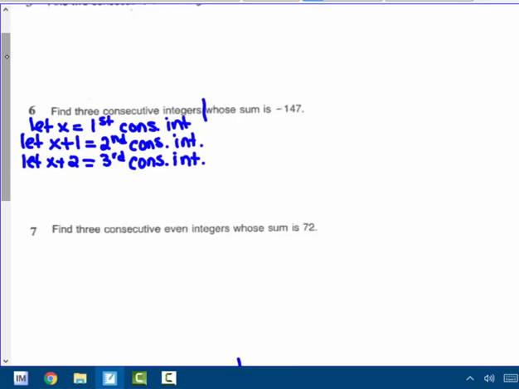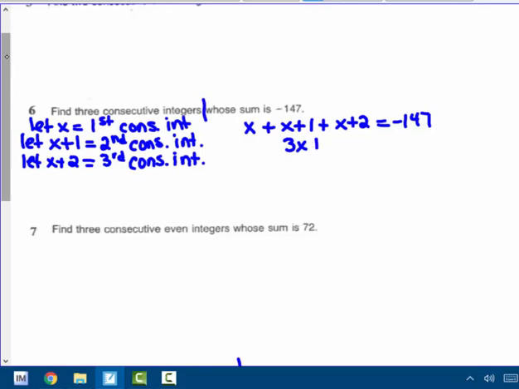So I'm going to add these let statements together. First plus second plus third. Their sum is negative 147. Lots of like terms. X plus x plus x, 3x. 1 plus 2 is 3.